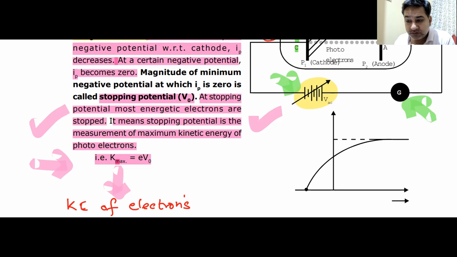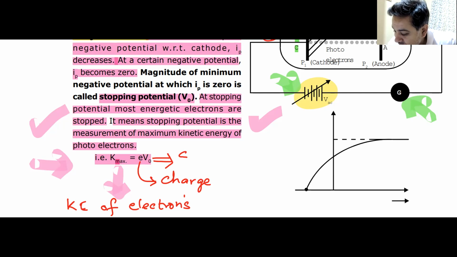So we are talking about the kinetic energy of these electrons. You can find this kinetic energy by multiplying e. What is small e here? Small e is the charge of an electron. And what is V naught? Stopping potential. Yes, it is stopping potential, and I will tell you more about this. Just give me some time. Right now, you just write it.